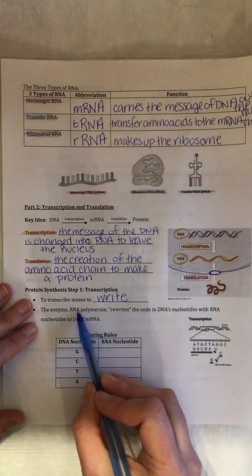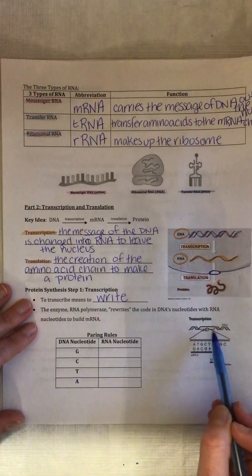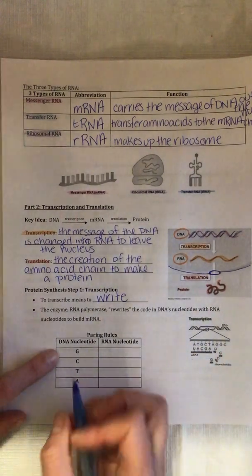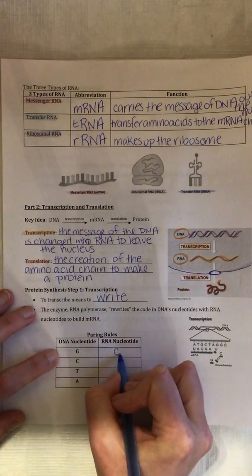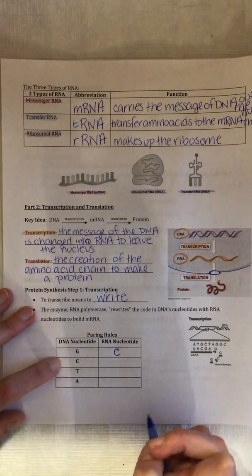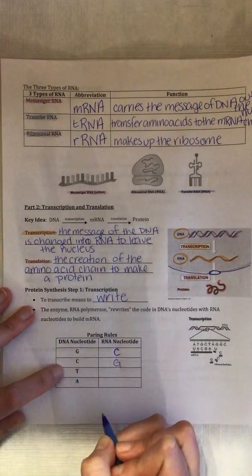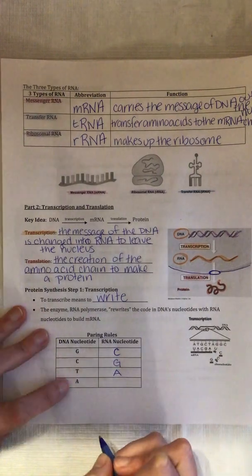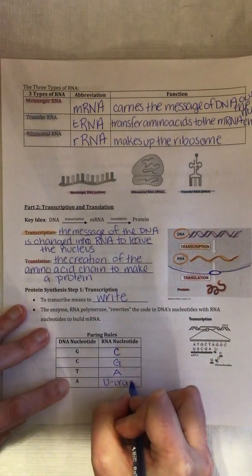So the substrate for RNA polymerase is the DNA chain to go ahead and rewrite it as mRNA. So what happens here is the G in DNA nucleotides creates a C RNA nucleotide. The C in the DNA creates a G. The T creates an A, and the A creates a U, and this is uracil.